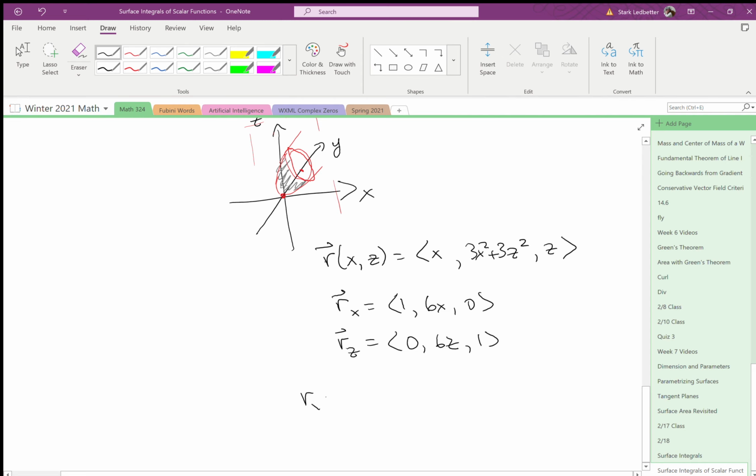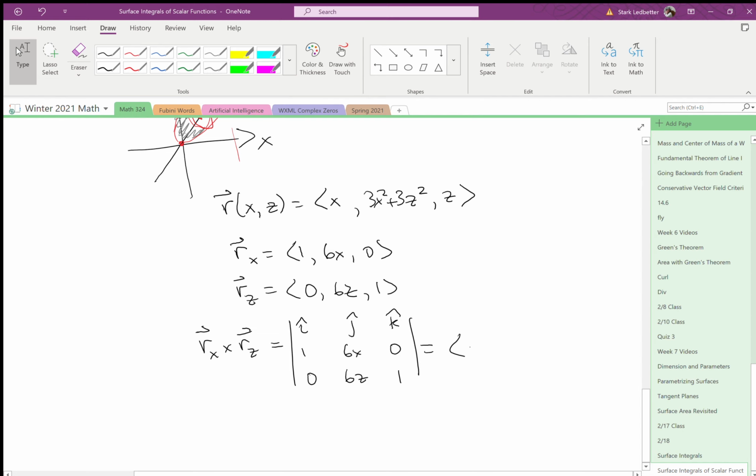Okay, so then I can calculate the cross product, which is the determinant of this matrix, 1, 6x, 0, 0, 6z, 1. That is 6x, comma, -1, comma, 6z.